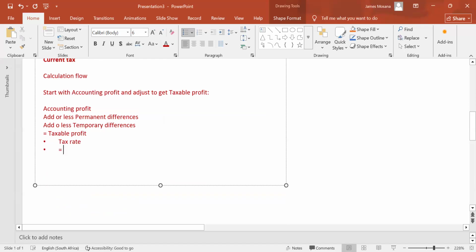Then after multiplying with the tax rate, the answer that you are going to get will be your current tax expense or payable.